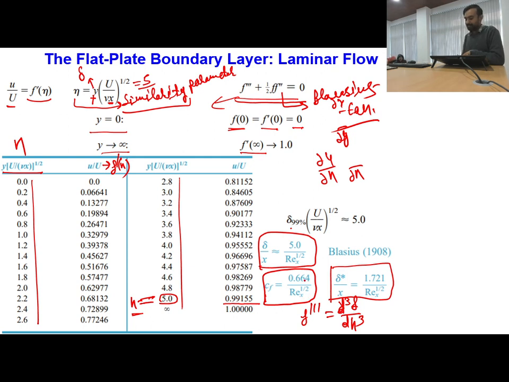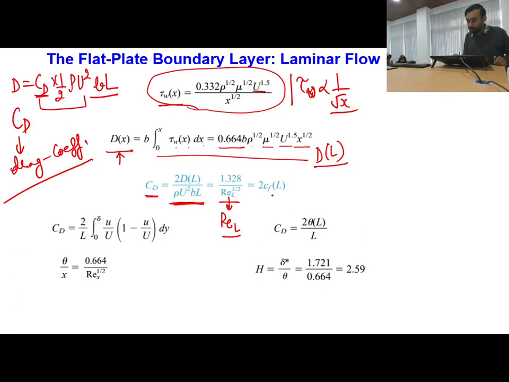If you multiply it by 2, it becomes 1.328, and in place of x, if you write x equal to L, meaning you calculate the skin friction coefficient at the trailing edge of the plate, then you can write it as 2 times Cf at L. So the drag coefficient for a flat plate under laminar flow conditions is nothing but equal to 2 times the skin friction coefficient calculated at the trailing edge of the plate. Is this one clear? All are clear with this idea?